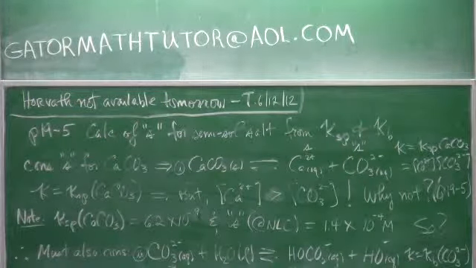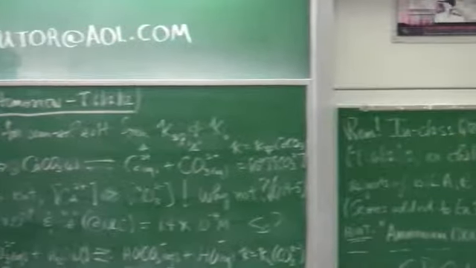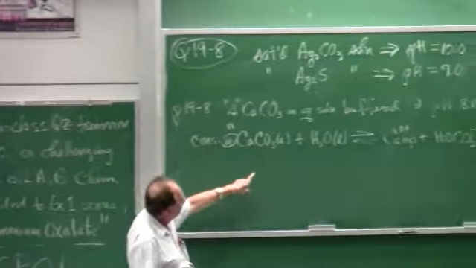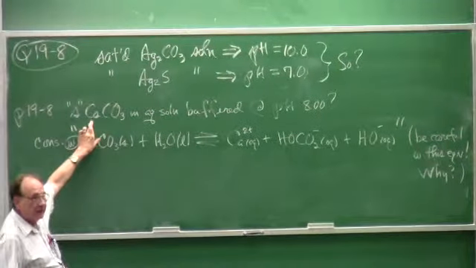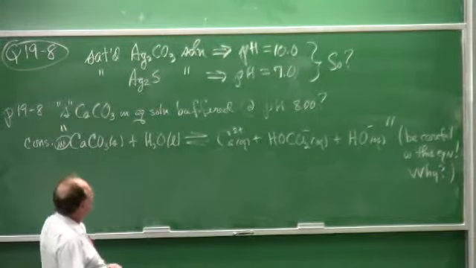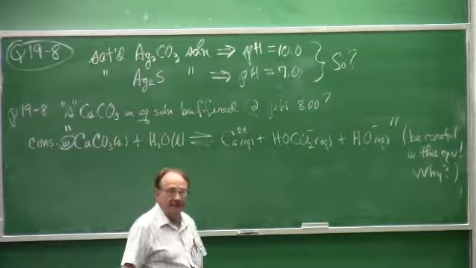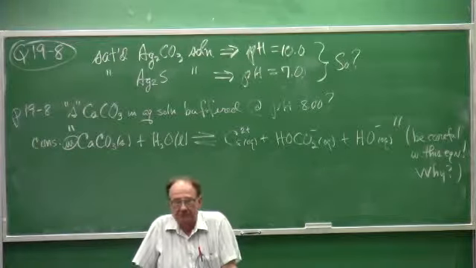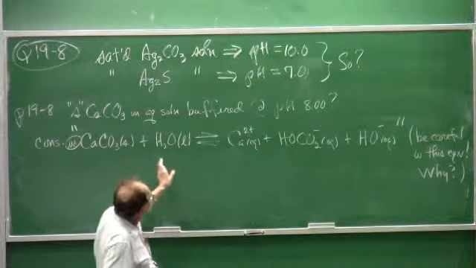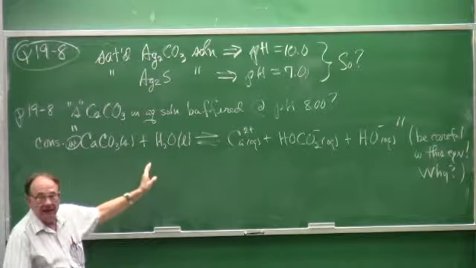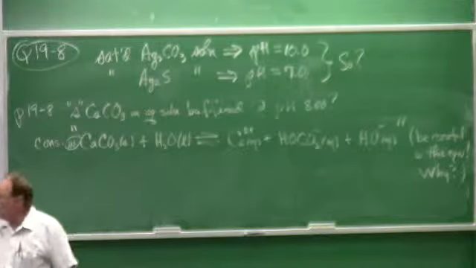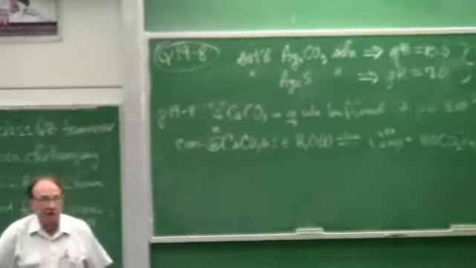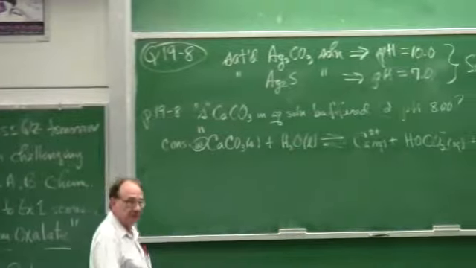Can I still use this equilibrium reaction to give me a handle on the solubility for calcium carbonate in a water solution buffered at pH 8.00? Could I use this equilibrium reaction to give me a handle on the solubility of calcium carbonate if I didn't know it, but I know that the saturated solution gives me a pH of 10.0?